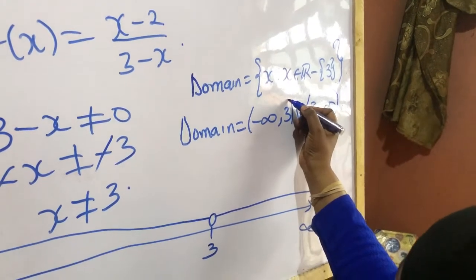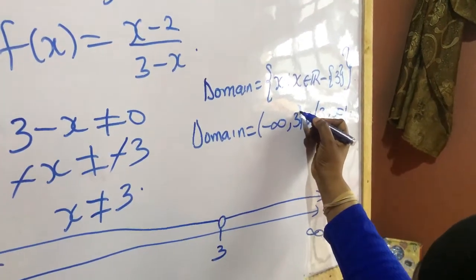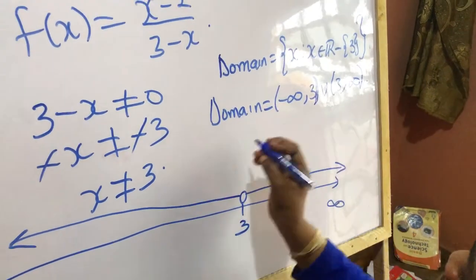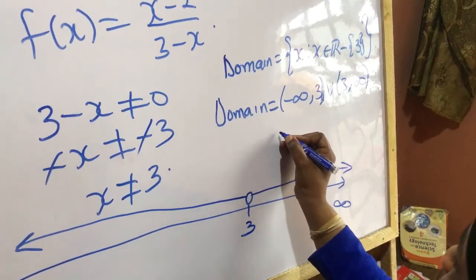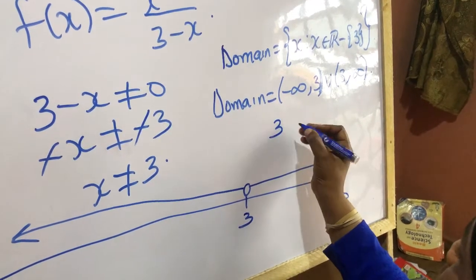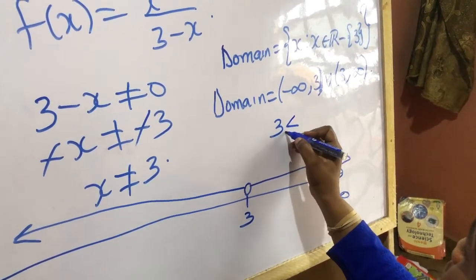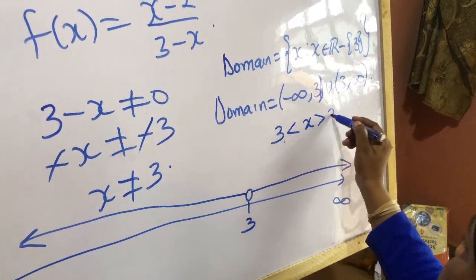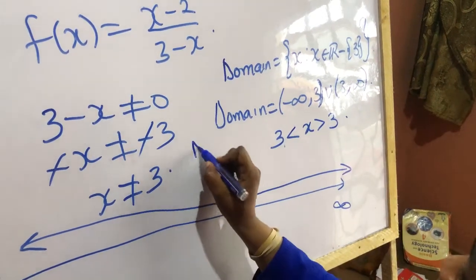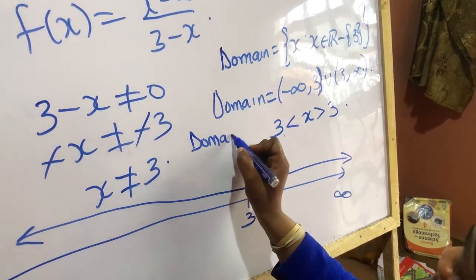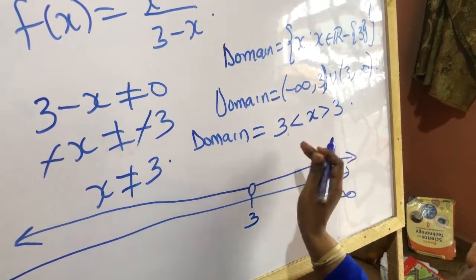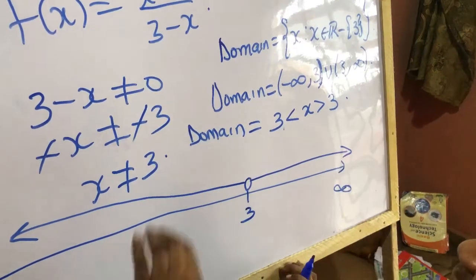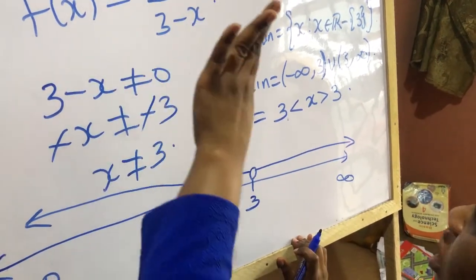This is an open bracket, and an open bracket means that 3 is not included. Or you can still say that x is less than 3, or x is greater than 3. So that's still our domain. That is, 3 is not inclusive. All other real numbers can be plugged into this function for it to be defined.